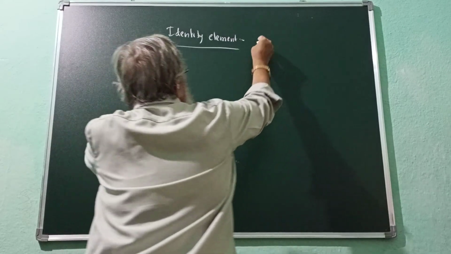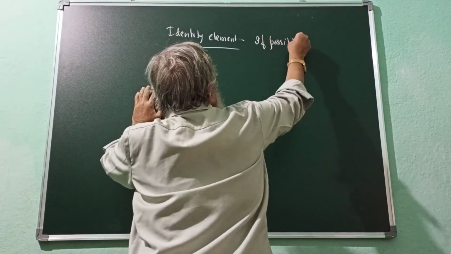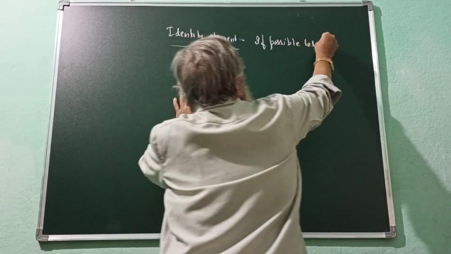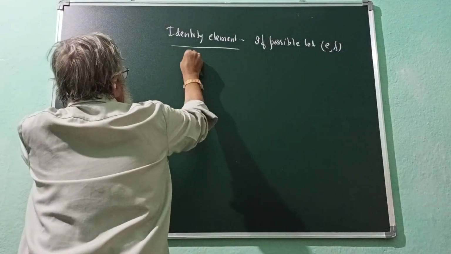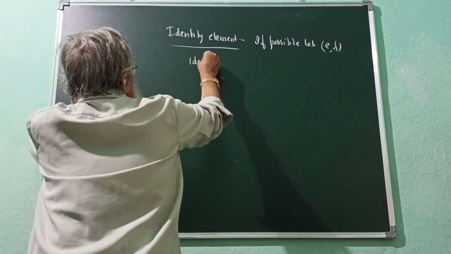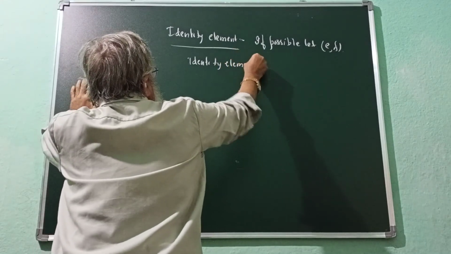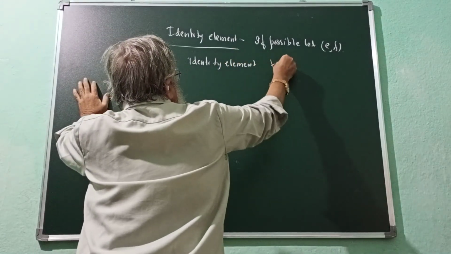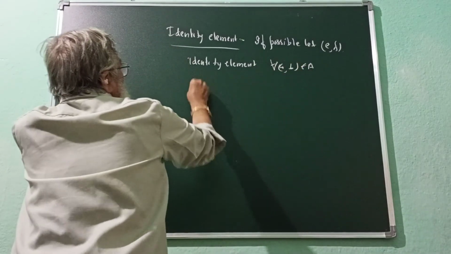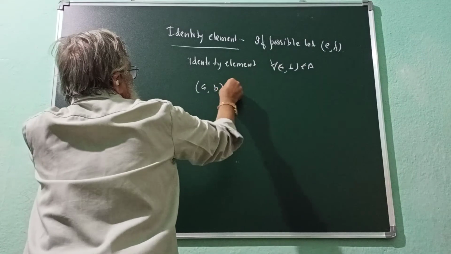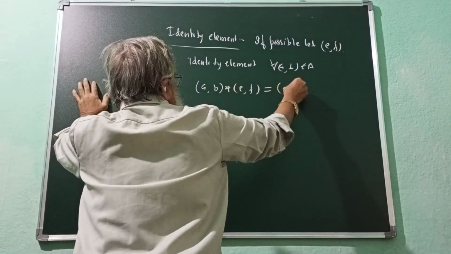If possible, let EF be the identity. Then for every AB belonging to A, we must have AB star EF equal to AB.